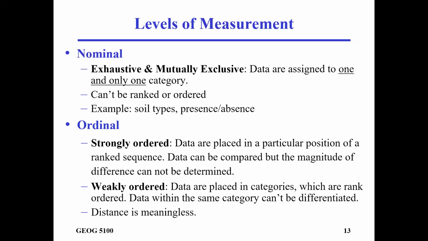So if 1 is for high school diploma, 2 is for a bachelor degree, 3 is for a master degree, it's meaningless to calculate the difference between 3 and 1 or between 2 and 1. So you can order them, but you still cannot do other calculations such as calculating the sum of them, the difference of them, multiplication, or anything else.